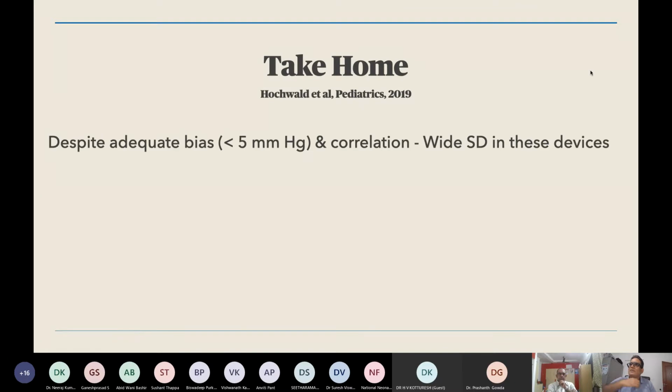The take home message is the bias is very less, which is very good. When you compare one device with another device, the mean difference is very less. It is less than 5 millimeters between devices, and the correlation is also good. But there is wide standard deviation amongst these devices, so you have to be slightly careful.